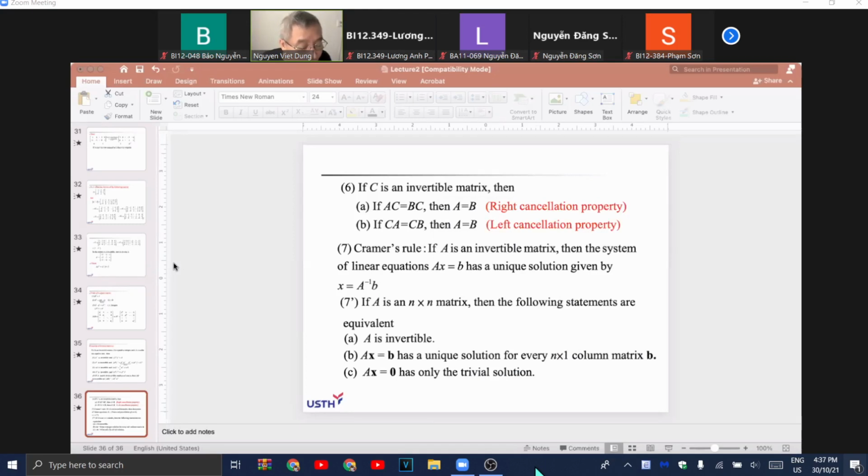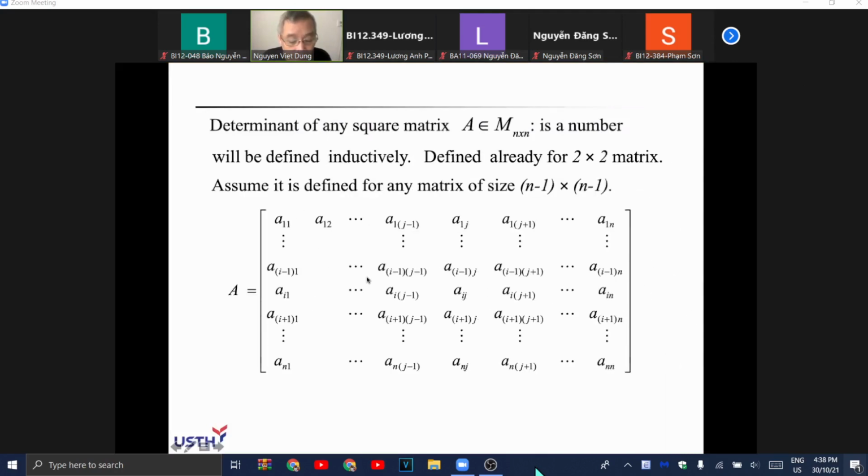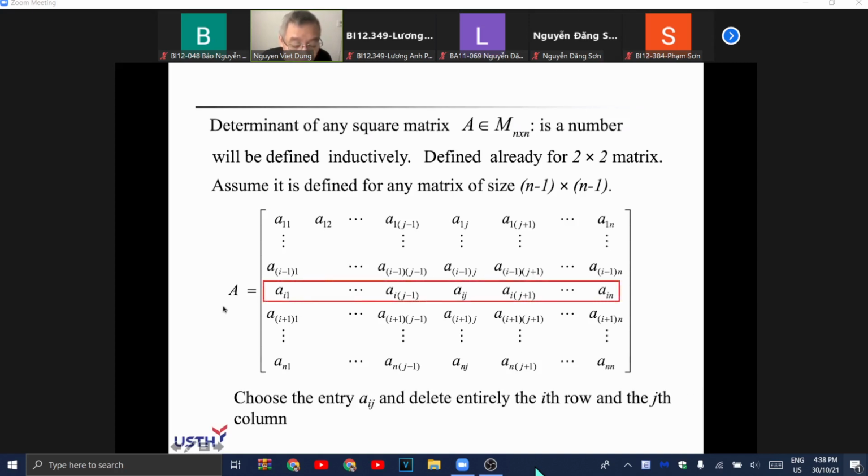It seems that I go just a little fast. We need to define the determinant of a matrix of size n by n. So first of all, we delete that.